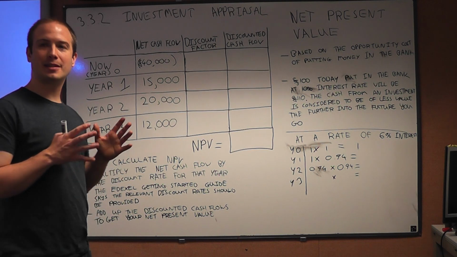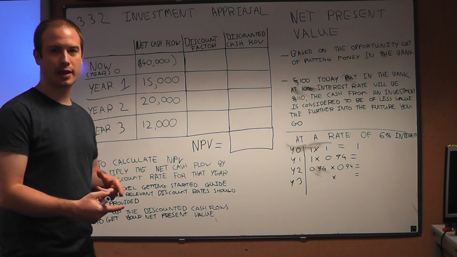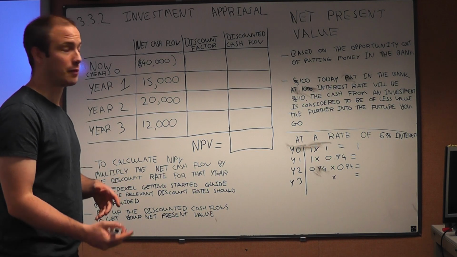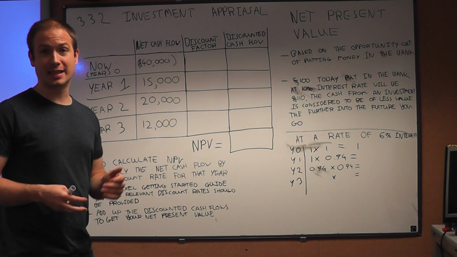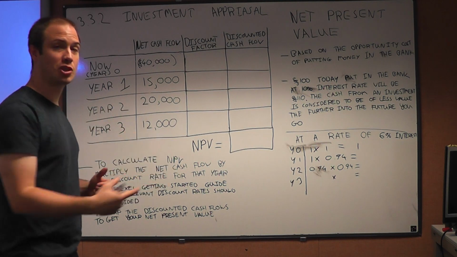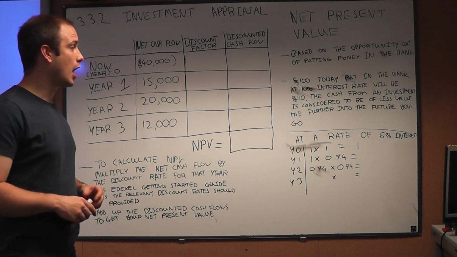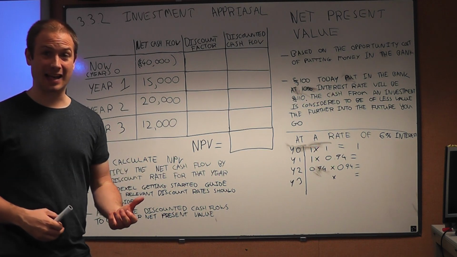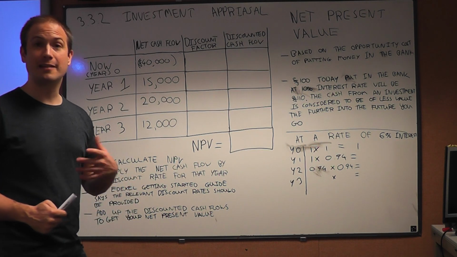So £100 today is worth essentially £110 tomorrow, which means the value of the money in the future has actually reduced. And we need to consider that in terms of any investment.